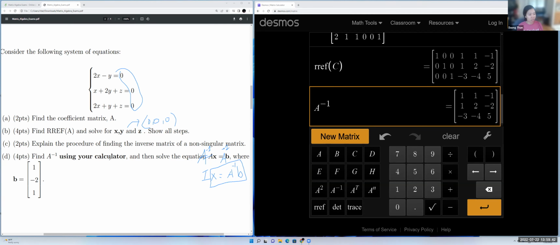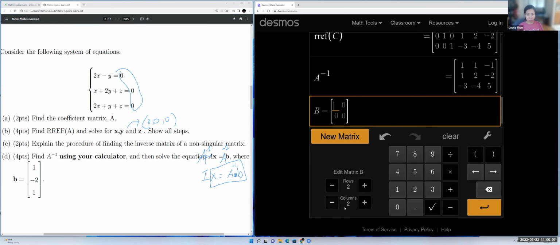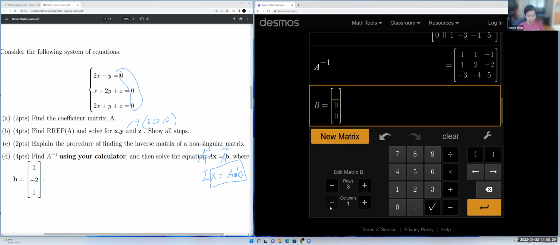So in order to solve the equation, you need to take A inverse and multiply by the constant vector B on the other side of the equation. We have the inverse of A already, but now we need to enter B. B equals a new matrix, and you see that it has 3 rows and only 1 column: 1, -2, and 1.